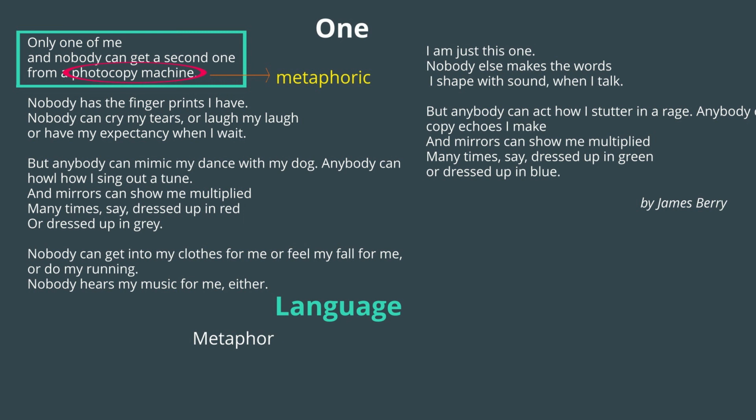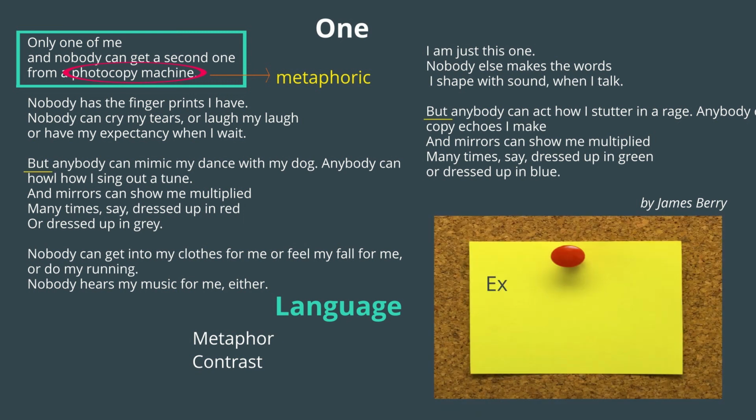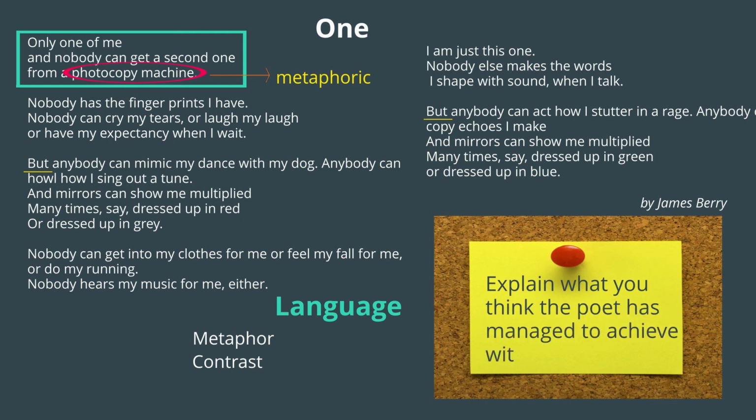Later in the poem, there is also use of contrast. Set off with those but statements. Explain what you think the poet has managed to achieve with contrast. Do some more research and comment on its effectiveness.